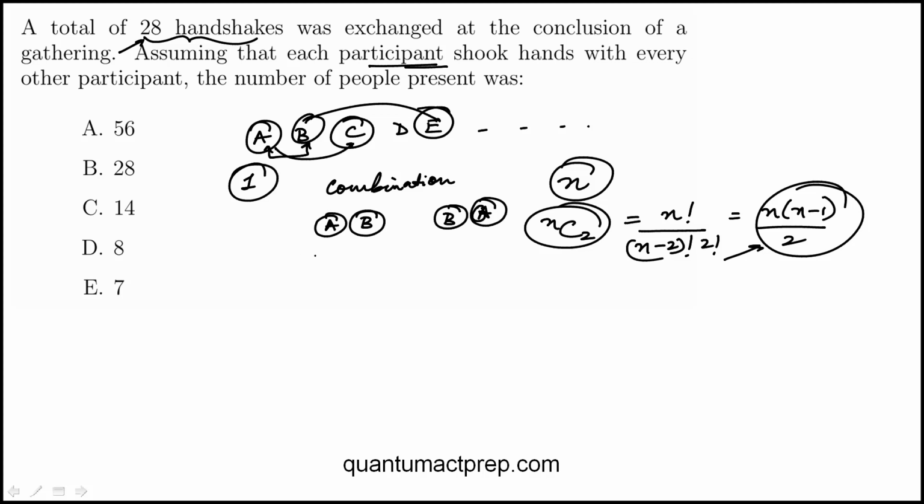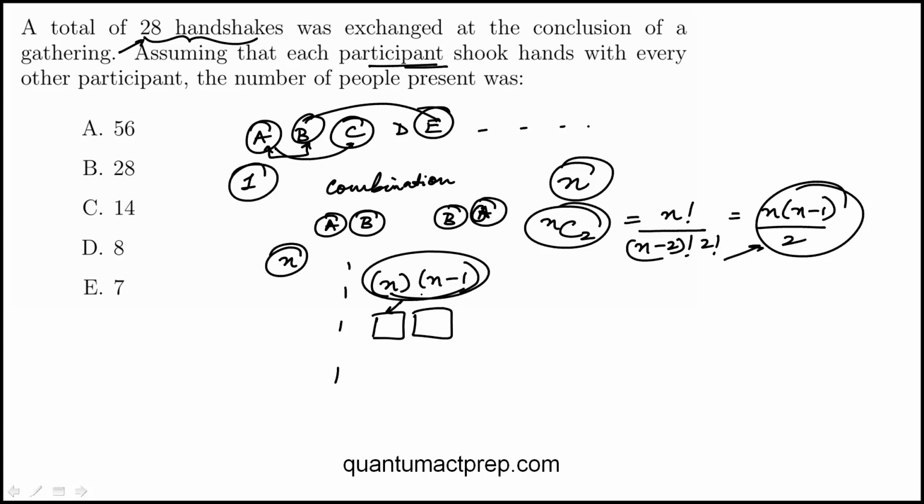So let's say we have n people. If we were arranging them, then we can choose n for the first spot. So think of putting them in two spots. For the first spot, I can choose any of the n. Now, I've already selected one person, so I have only n minus 1 left.